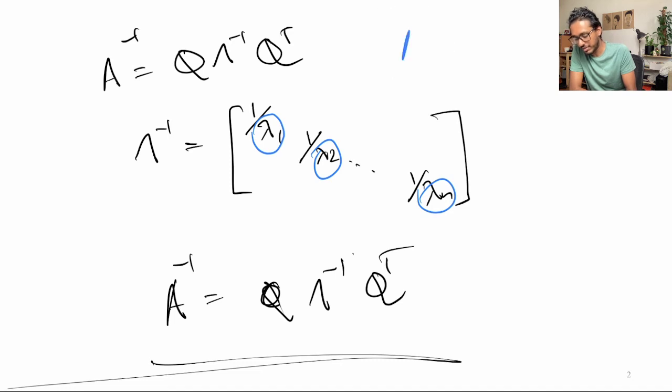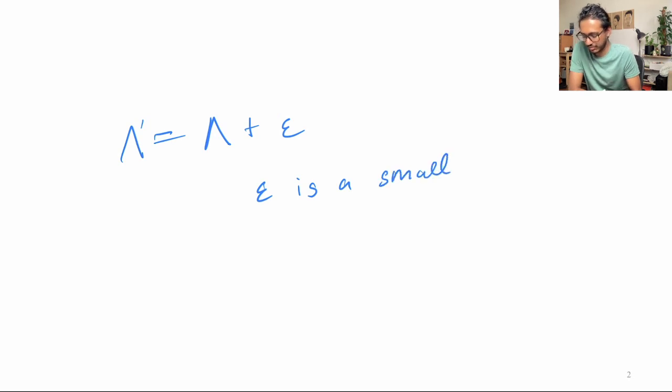say that lambda, so I'll go take a new page. Lambda is equal to, this is an assignment basically. We take lambda prime, which is equal to lambda plus a small coefficient epsilon, where epsilon is a small coefficient.